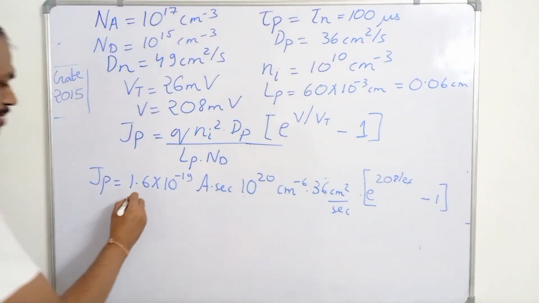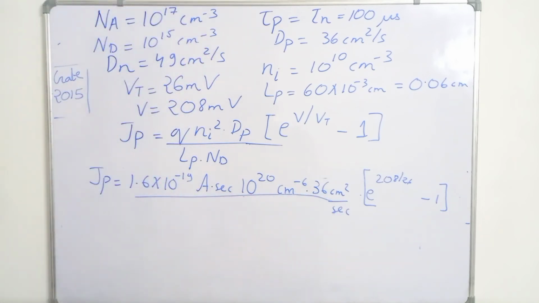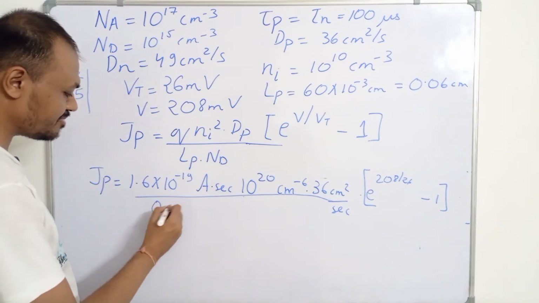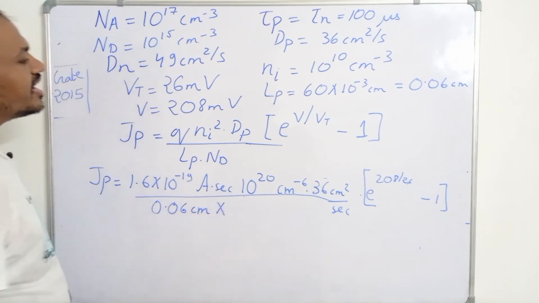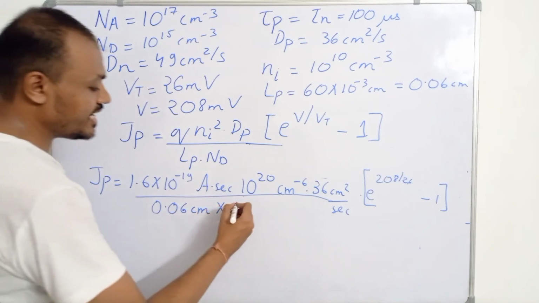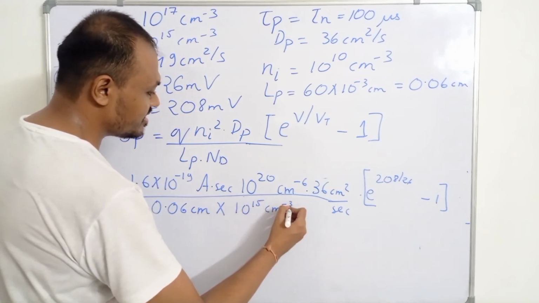Now upon Lp into Nd. So Lp is given as 0.06 centimeter into Nd, which is given as 10 to power 15 centimeter to the power minus 3.